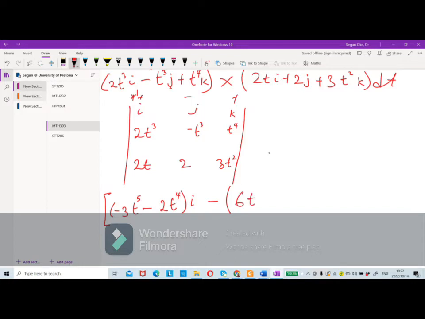You have 6t raised to power 5 minus 2t raised to power 5 j, plus, this cancels this. You have 4t cubed plus 2t raised to power 5 k. 4, yes, 4. Okay.